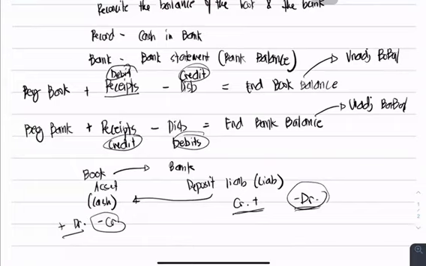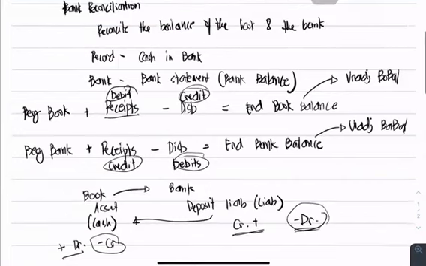In case the problem asks you for the unadjusted ending book balance and unadjusted bank balance or the beginning book balance and beginning bank balance, you just need to use this formula. Beginning book, receipts is the unadjusted receipts, disbursement is the unadjusted disbursement.